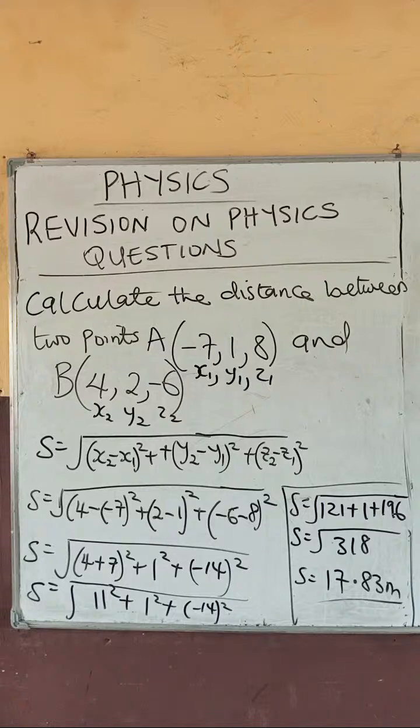So we can proceed. Are we still writing? Okay, David, your answer is 17.83, okay? Okay, bless you understand, okay? Ajako, we are done.